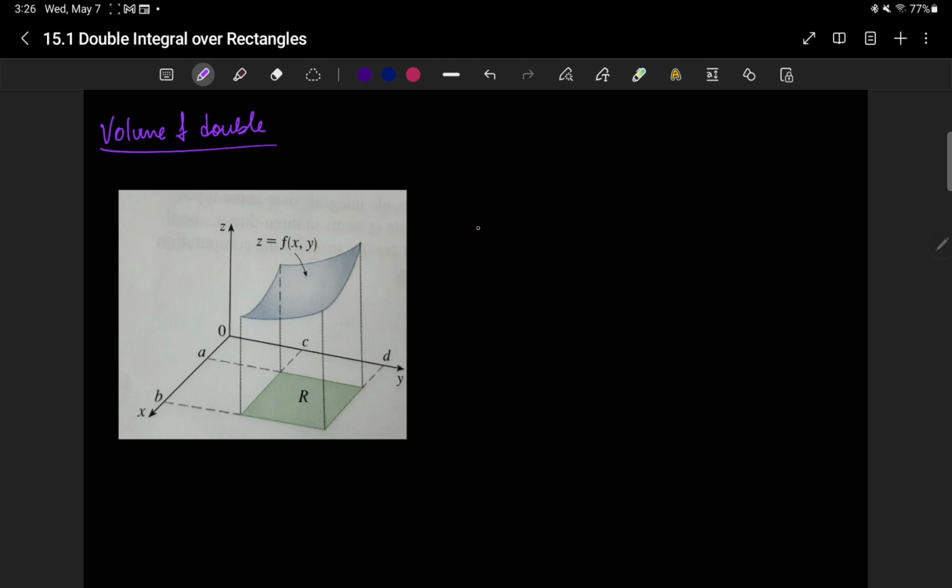So what we do now is we take this region R, and if we split this region R into a grid, so instead of working on an interval, we are now working on this region R, which is defined as the product of these intervals here.